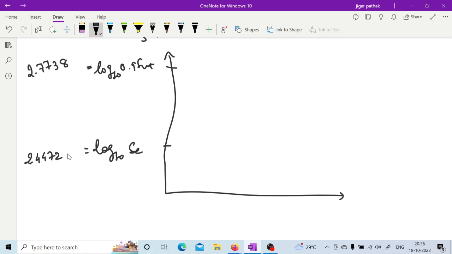And log 10 sigma 1 is 2.5441. Then log 10 sigma 2 is 2.6021.